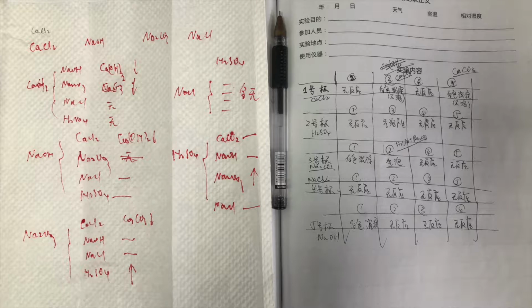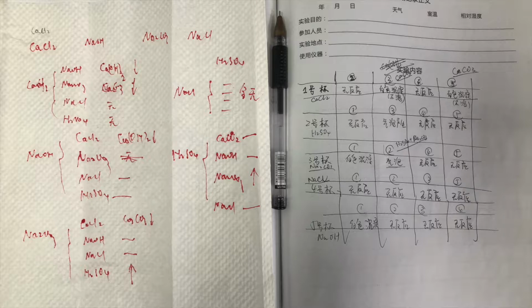So we can basically say that the precipitate could only be calcium carbonate or calcium hydroxide, which means either solution number 3 or 5 is sodium carbonate or sodium hydroxide.